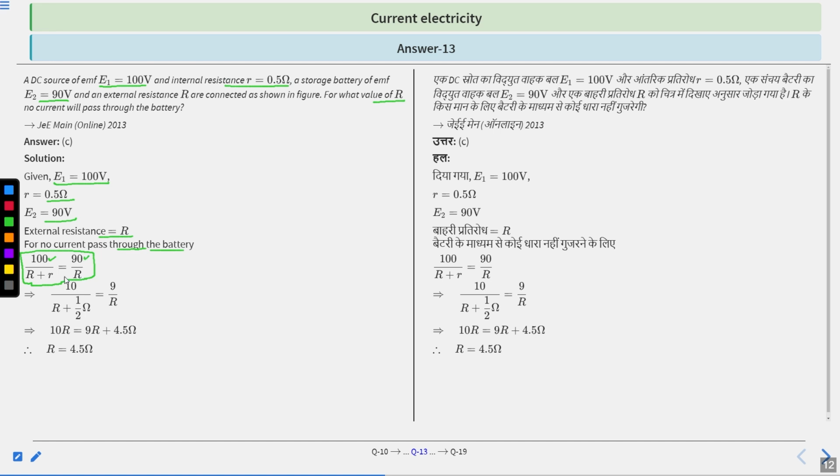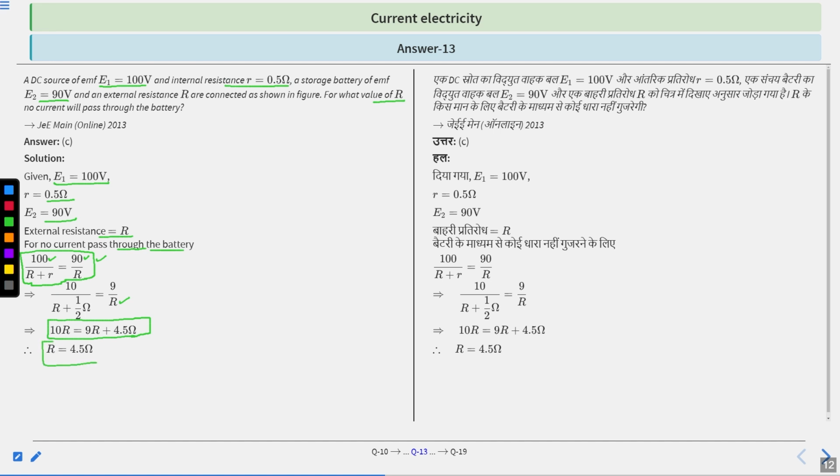Clear? Solving this, you will get 10 divided by R plus 1 by 2 ohm equal to 9 by R. After solving this equation, 10R is equal to 9R plus 4.5 ohm, so you get R equal to 4.5 ohm. Clear?